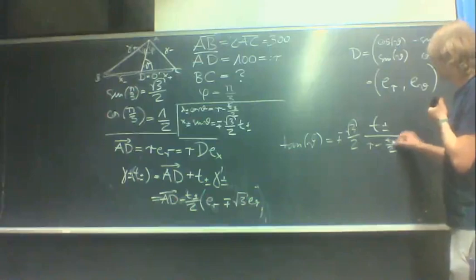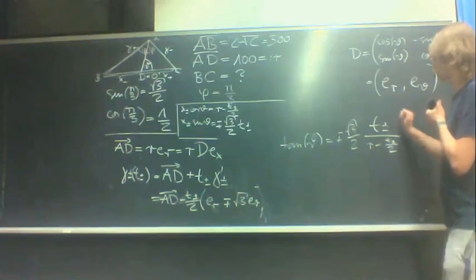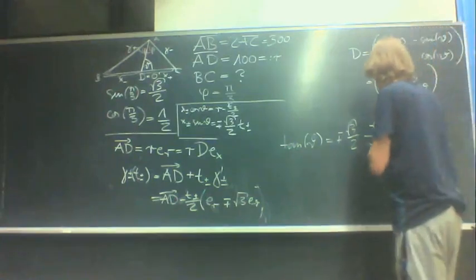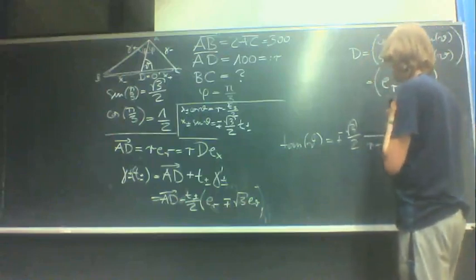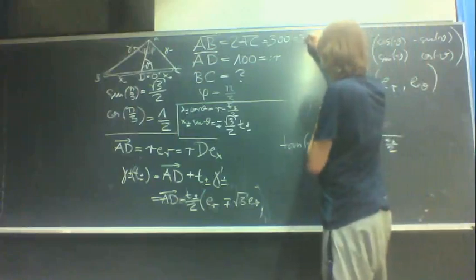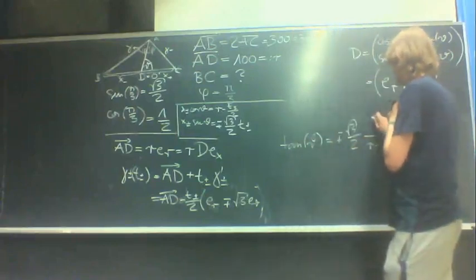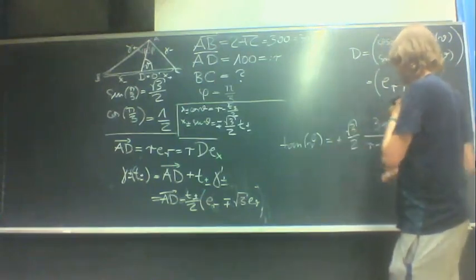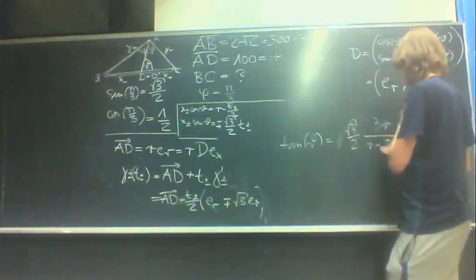So just take t minus will be AC, so 150, or it's also just 3 times r. So let's say this is 3 times r, just a positive thing.